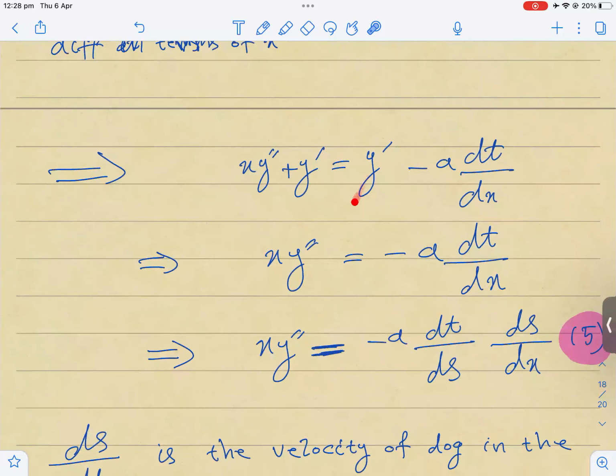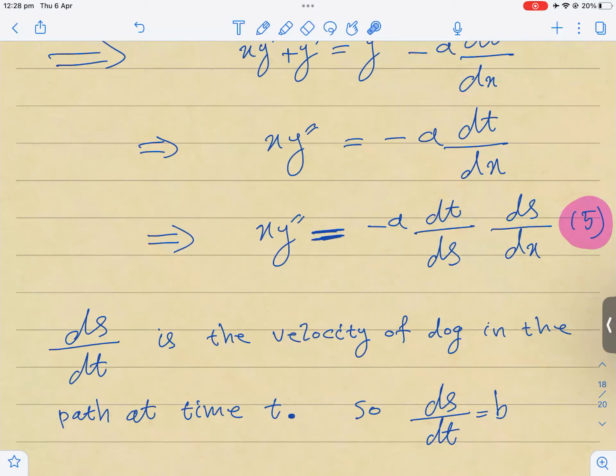So we cancel this, and it will be x y double prime equals a dt over dx. So dt over dx is another annoying expression. We don't have x as a line, it's a curve. So I can write dt over dx as dt over ds times ds over dx.